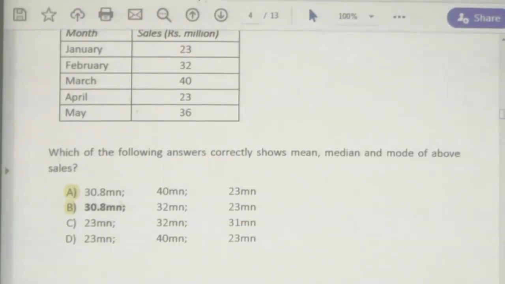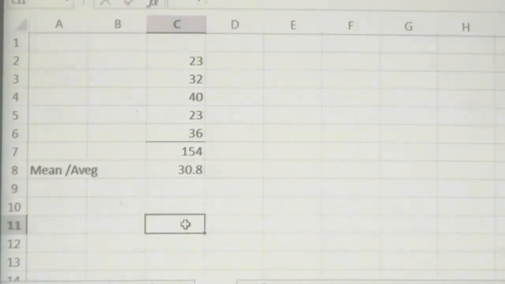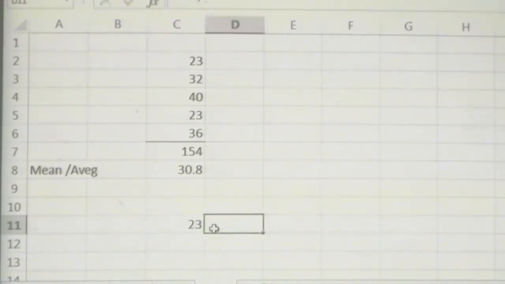Okay, let's see. What is the median? For the median, you need to write down these numbers in ascending or descending order, then find the number in the middle. Lowest number 23. Again, there is another lowest number, that is 23. Then 32.